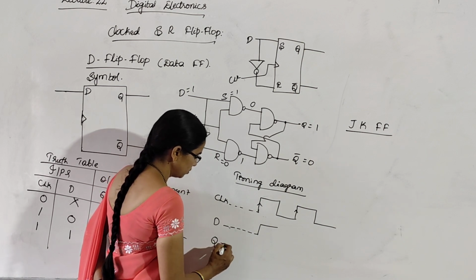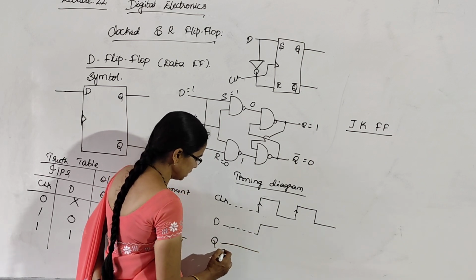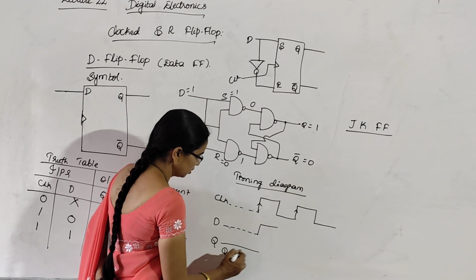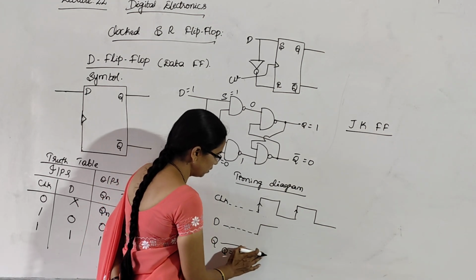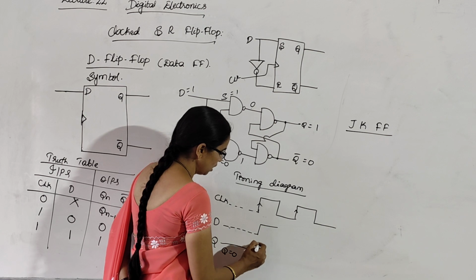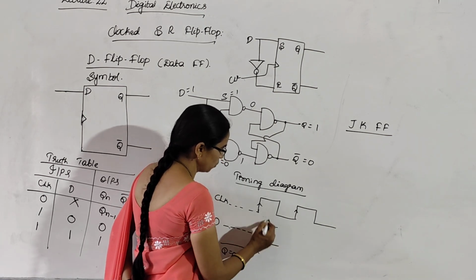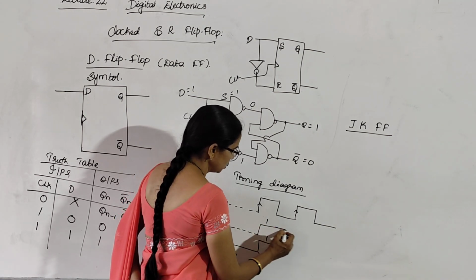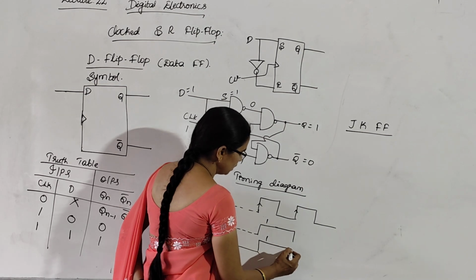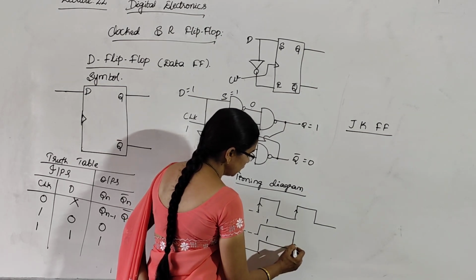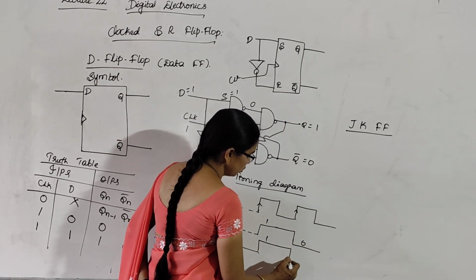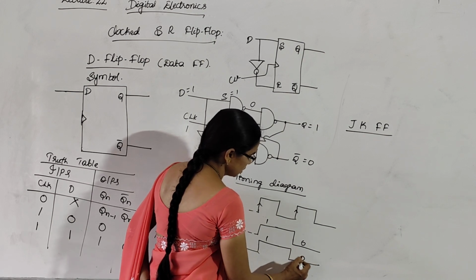Q, initially I will take Q as 0. Whenever D goes high, the flip-flop sets and Q also goes high. If D comes to 0, the flip-flop resets.